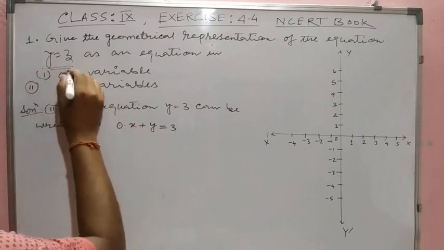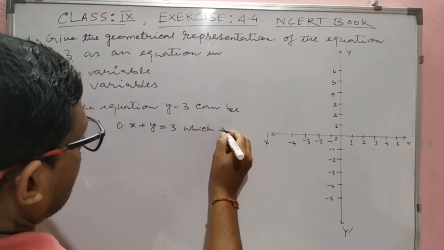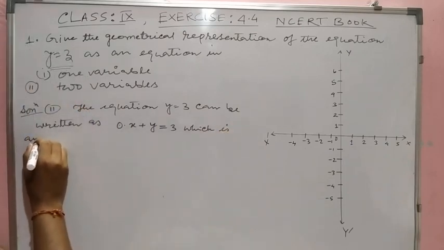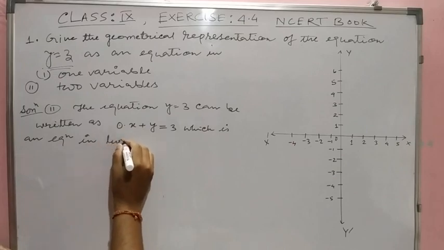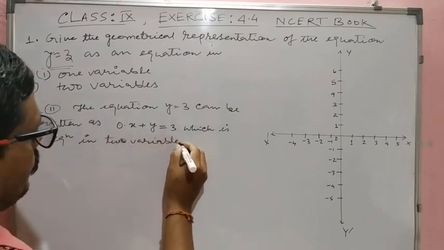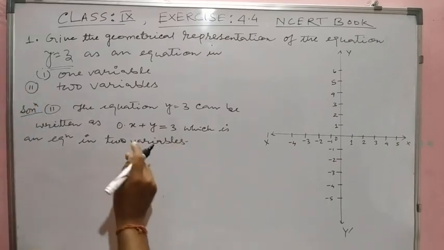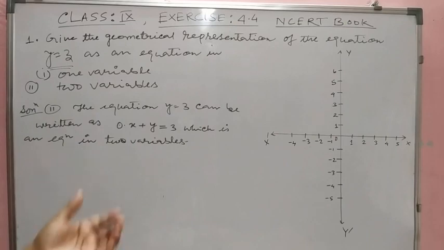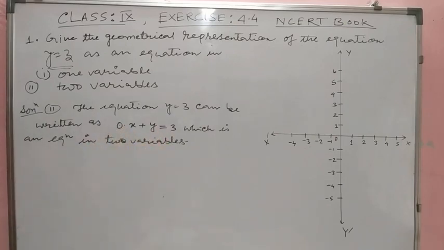So this equation can be written as this, which is an equation in two variables. So now to represent this equation in the Cartesian plane, let us find three pair of solution.